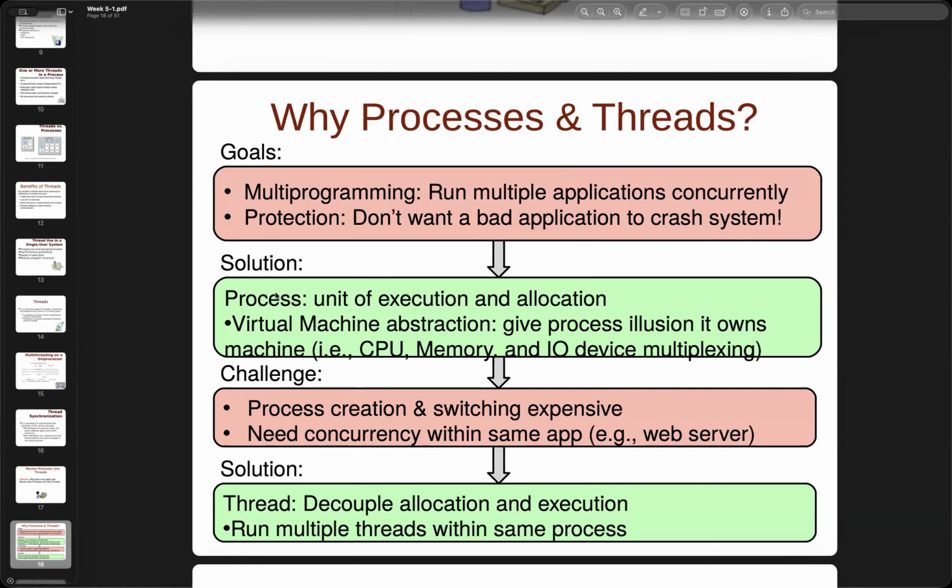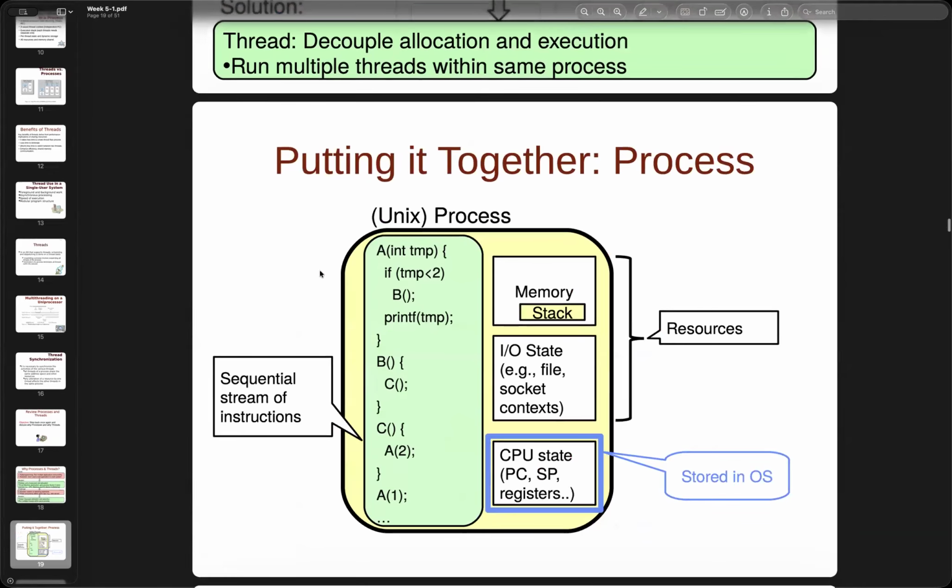So here's the idea. After this, we try to put all these processes together. Right now, in Unix, we remember we have the process, and then we have the one thread. Let's say we have the memory stack right here, all the resources like IO state, files, sockets, and the context. Remember, we talked about the CPU state, program counter, registers, and also the sequential stream of instructions in the program.